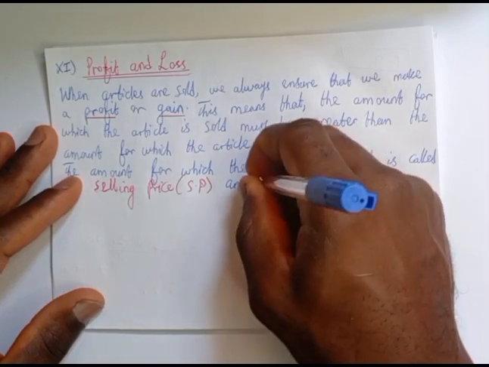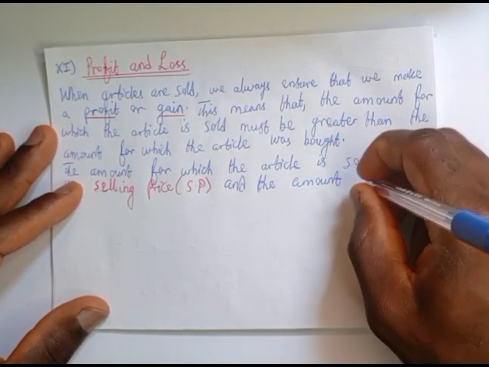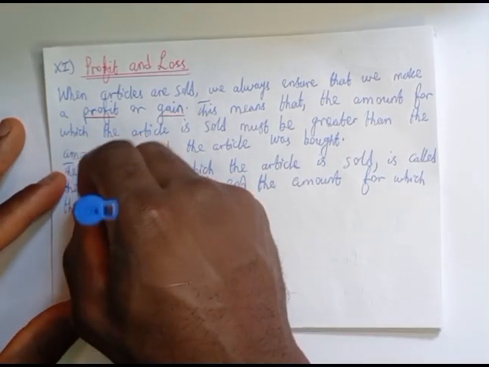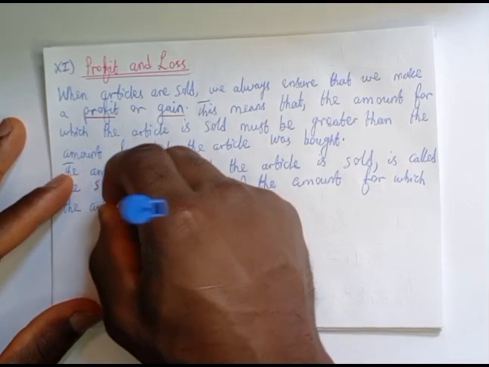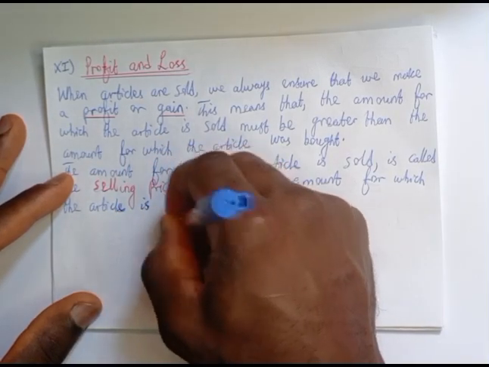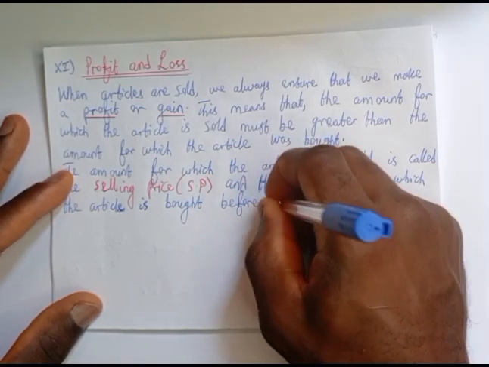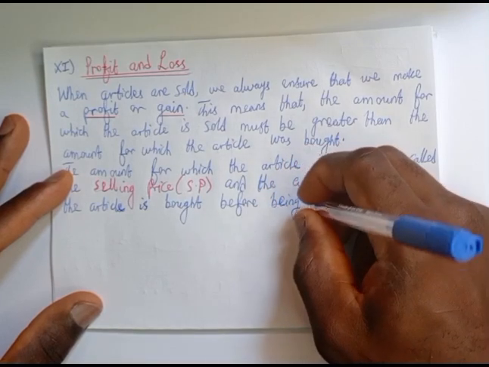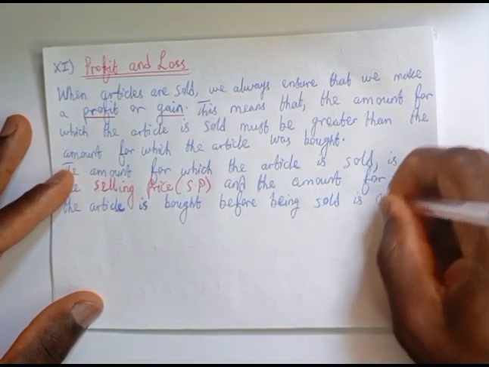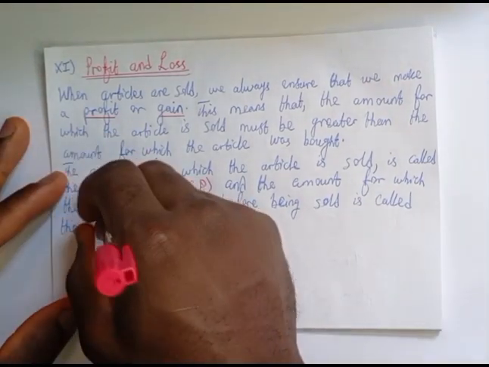and the amount for which the article is bought before being sold is called the cost price.